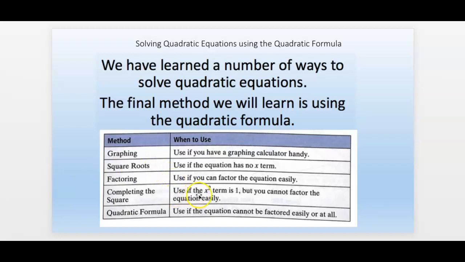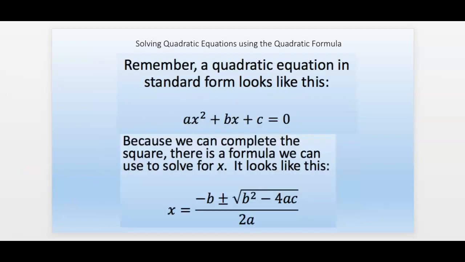We can also complete the square, if the x squared term is 1. You don't use completing the square too often, though, because why use it when you can use the quadratic formula? The quadratic formula always works on every quadratic.